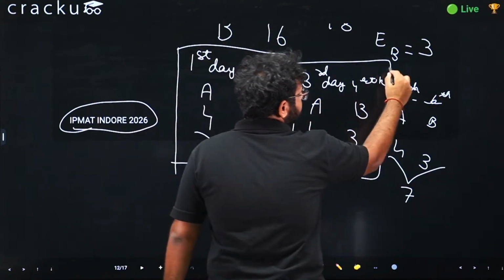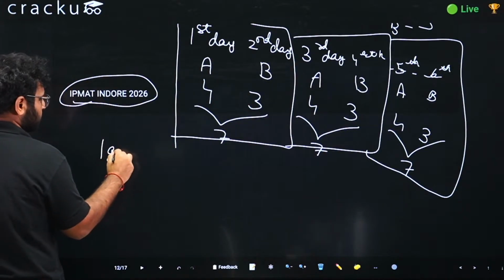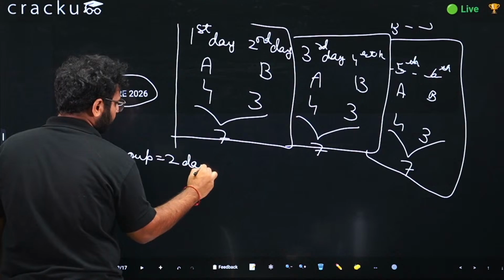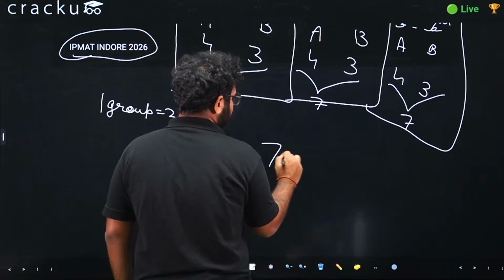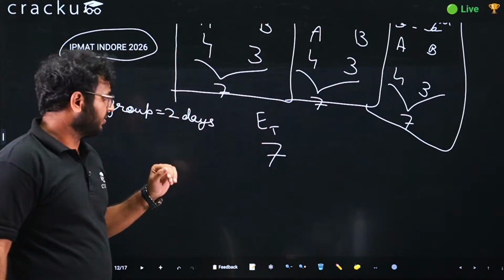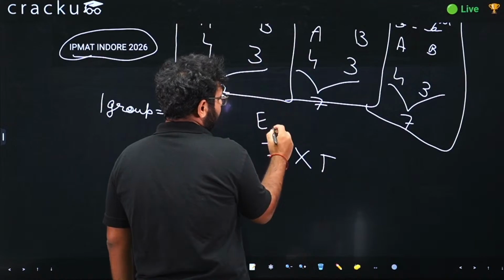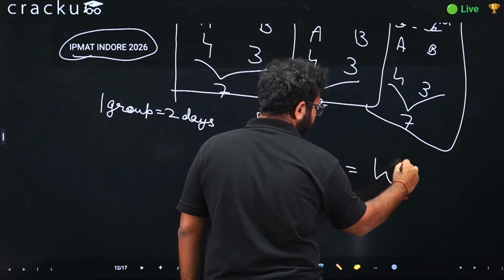So one group equals 2 days, and its work is 7. This is the total efficiency of the group. Efficiency of the group into the time taken by the group equals total work.